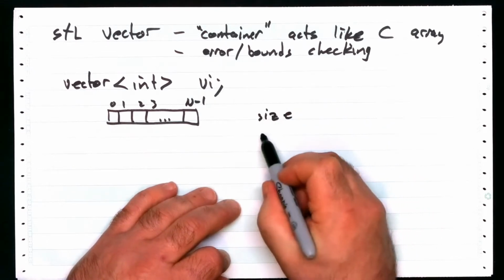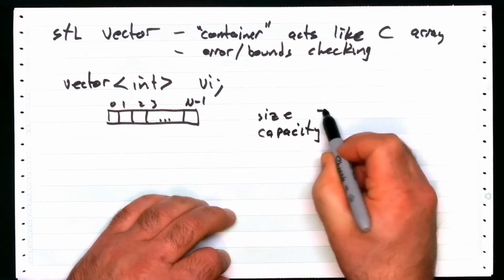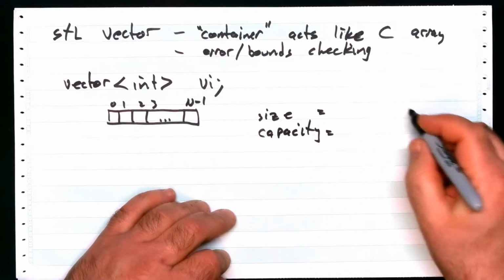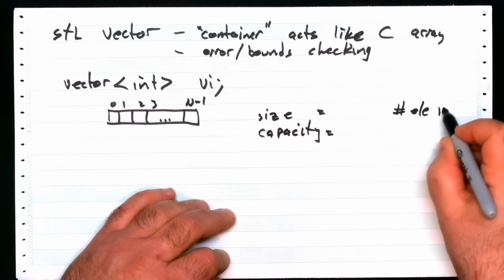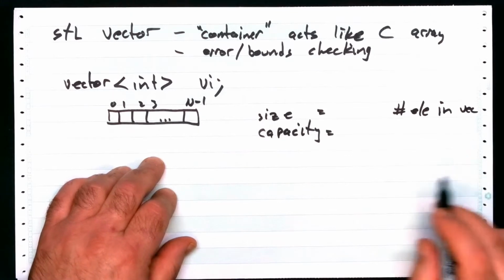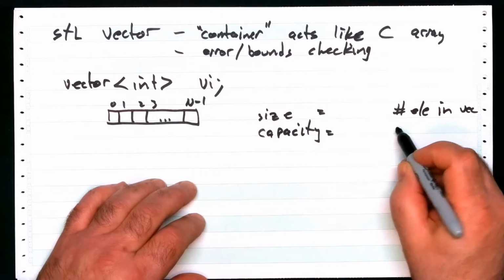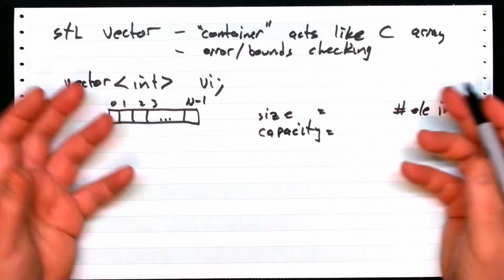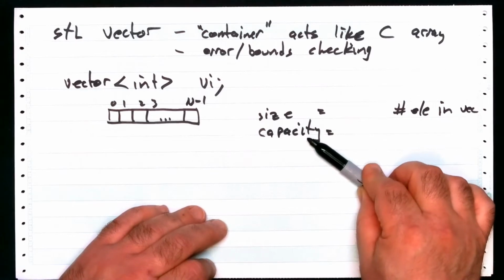and it has a notion of capacity. Right? What are the differences? All right? This one is number of elements in the vector. I'll abbreviate because I run out of space over there. And the capacity is the size, the physical. I'm finding it hard to find a word to define capacity without using the word capacity.